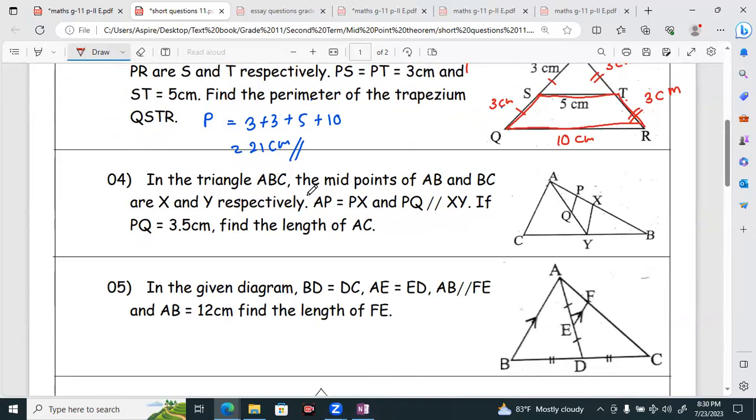It says in the triangle ABC, the midpoints of AB and BC are X and Y respectively. ඒක ඔයාලගේ diagram එකට ගන්න. Then AP and PX are equal. AP සහ PX සමානයි කියලා දීලා තියෙනවා.